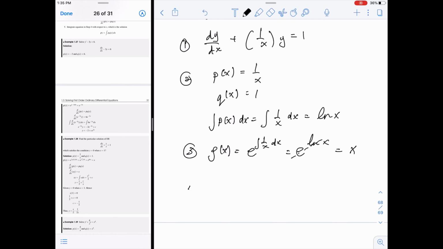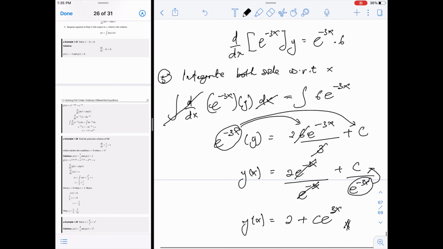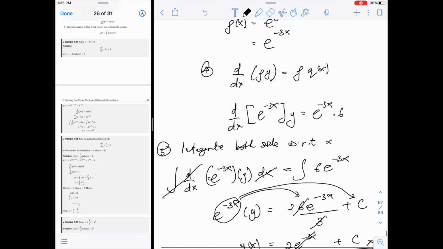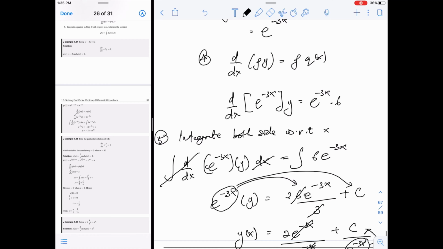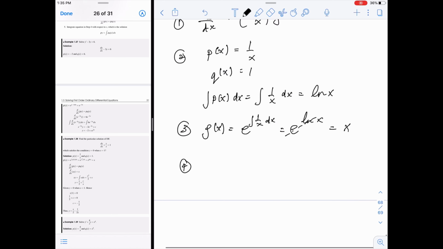So number 4, look at the step over here. You need to rearrange where you will have d/dx of the integrating factor with y, equal to the integrating factor with Q(x), which is 1 over here.